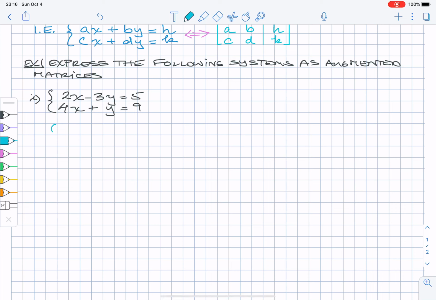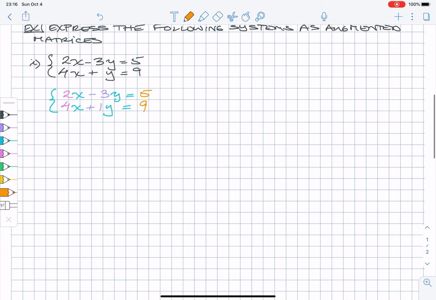Okay, so let's color code this. Let's do 2 and 4 as the coefficients of x, then minus 3 and 1 as the coefficients of y, and then 5 and 9 as our constant coefficients.